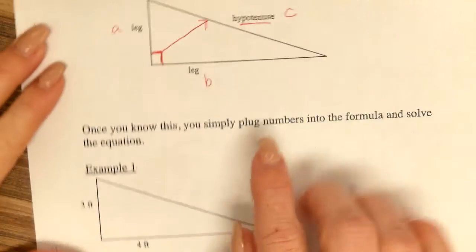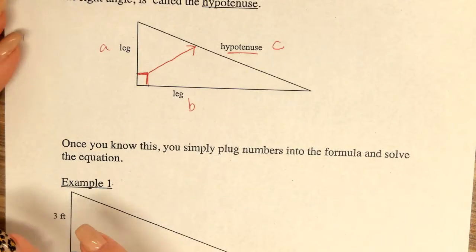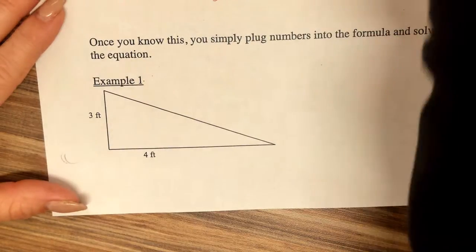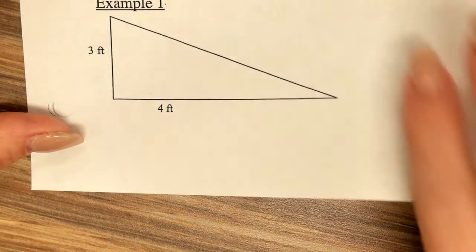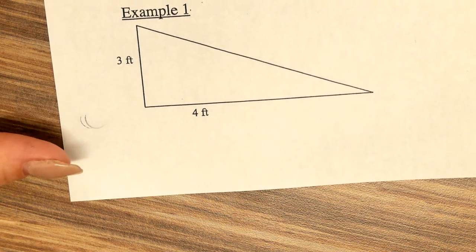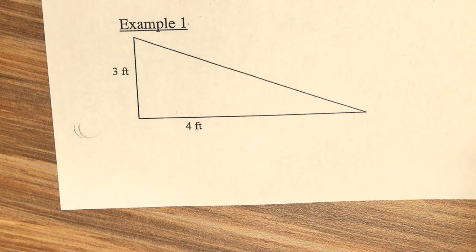The side across from the right angle has to be the C. All right, so now that you know which sides are your A, B, and C, you can simply plug these numbers into your formula to solve for a missing side. So everybody look at this example. Which side is the C, the 3, the 4, or the missing side?